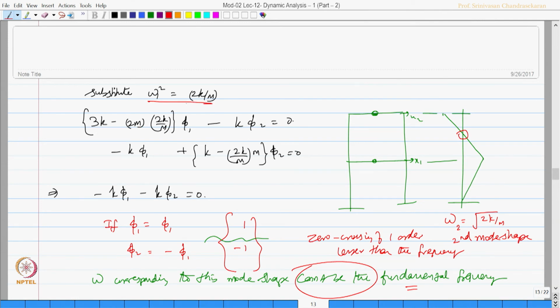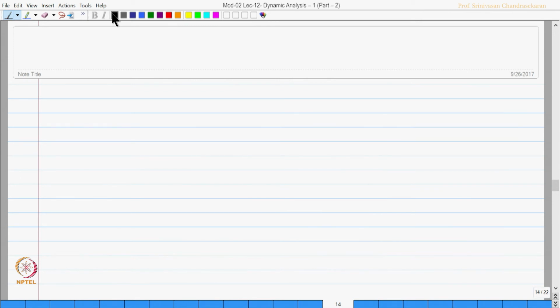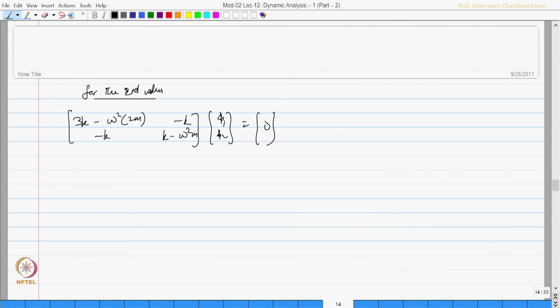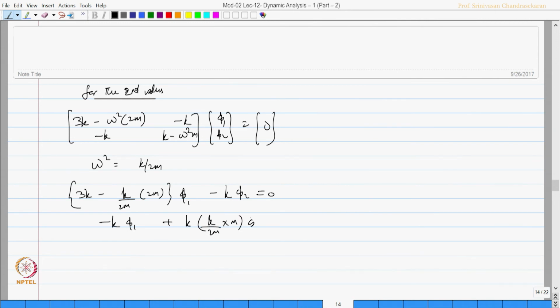So, as we have substituted omega 1 square as this value, let us do the same logic and substitute for the second value, that is substitute in the matrix [3k minus omega square 2m, minus k; minus k, k minus omega square m] of again phi 1 and phi 2, that is the next mode shape, set it to 0, but in this case substitute omega square as k by 2m. So, (3k minus k by 2m of 2m) phi 1 minus k phi 2 is 0, and the next equation is minus k phi 1 plus (k minus k by 2m of m) phi 2 is 0.